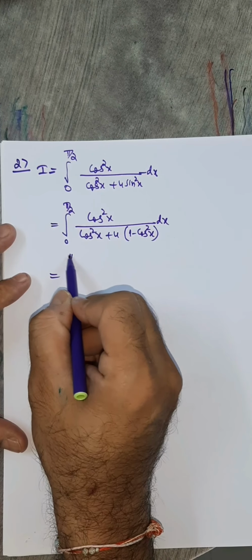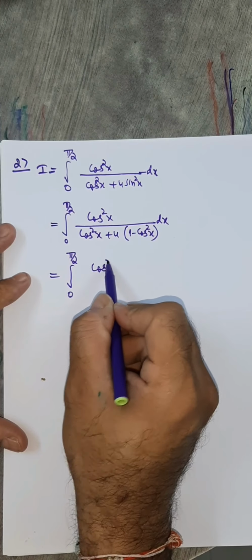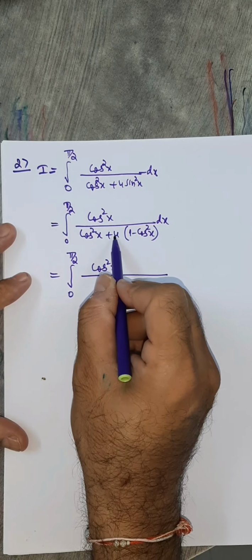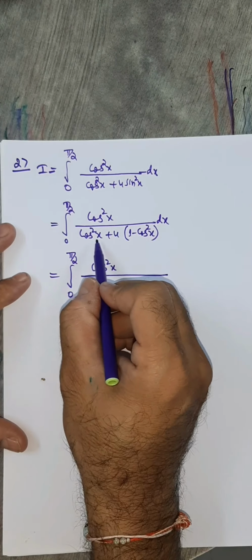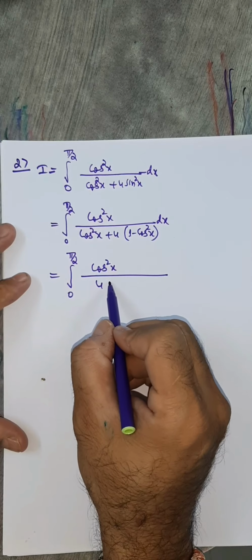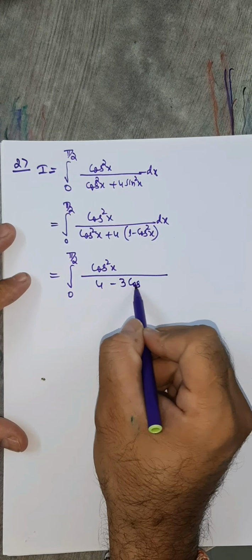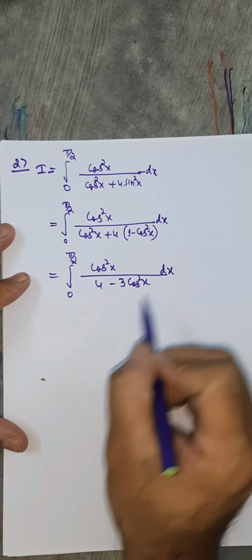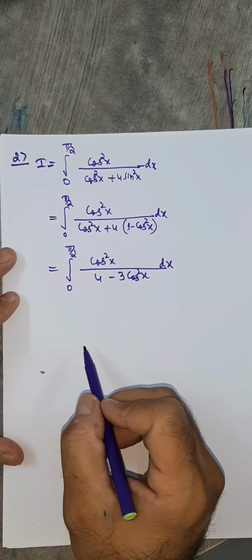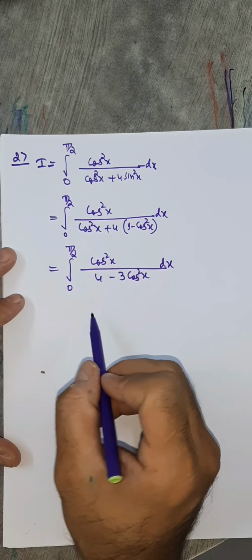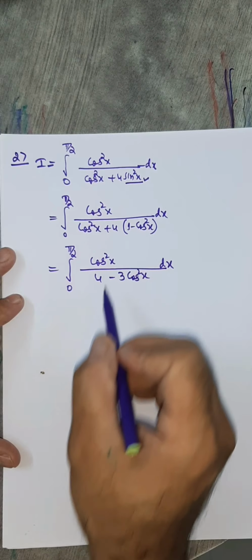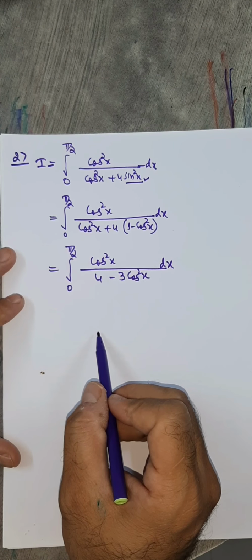Integral 0 to pi by 2, this cos square, plus 4 as it is, here minus 4 plus 1, so minus 3 cos square x dx. I've reduced just in cosine function using that identity, sine square x equals 1 minus cos square x.